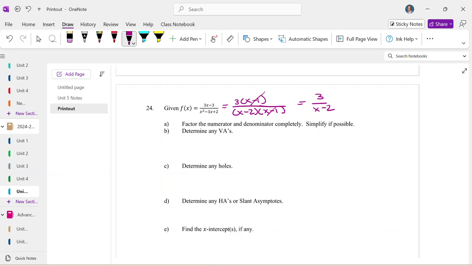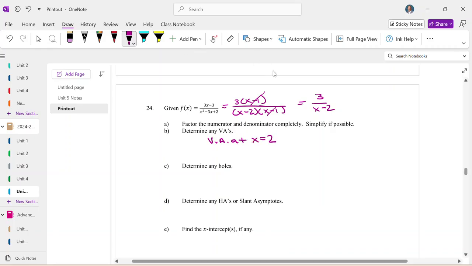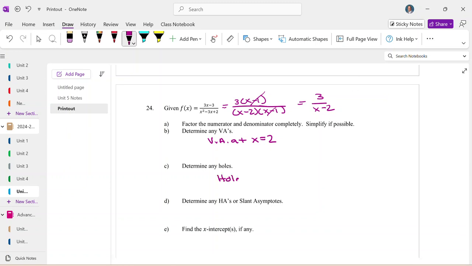So notice the vertical asymptote would be at x equals 2, right? Because that was the one that was left. We did not cancel it from the denominator. The hole, well, we canceled the x minus 1, so the x coordinate would be 1. And when we put 1 in, 3 over negative 1, which is negative 3. So the y coordinate of the hole would be negative 3.